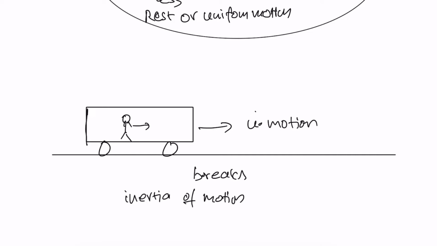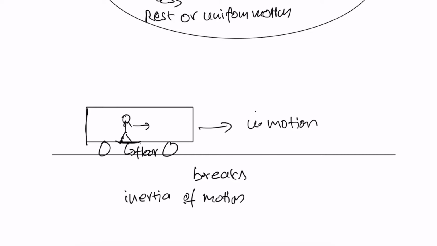Look here, what is happening? You are standing on the floor. Your legs are in contact with the floor. There is a friction force between the floor and legs. Due to the friction force, you are standing on the floor. When the brakes are applied, the floor is suddenly stopped.